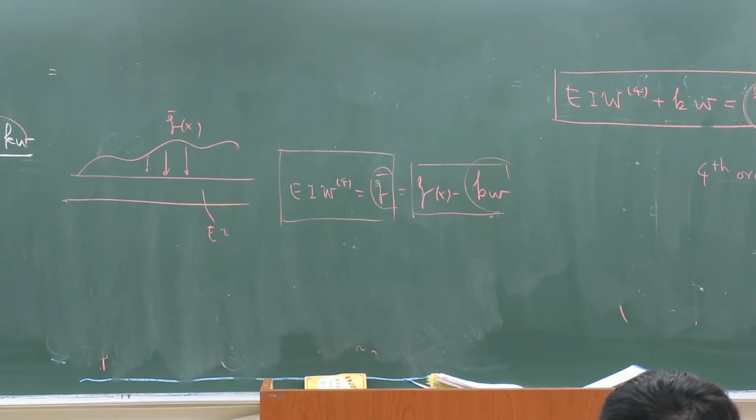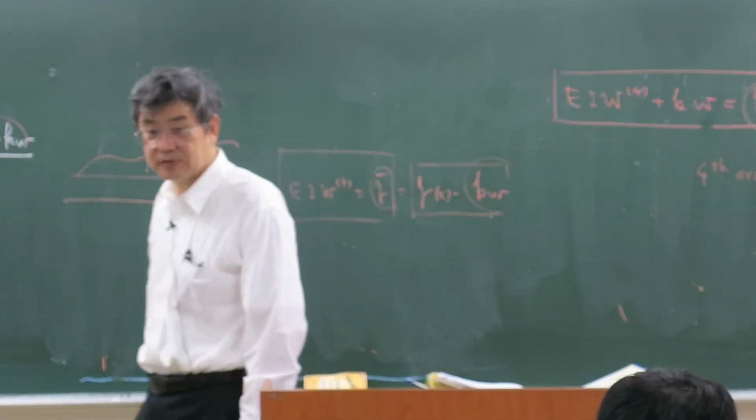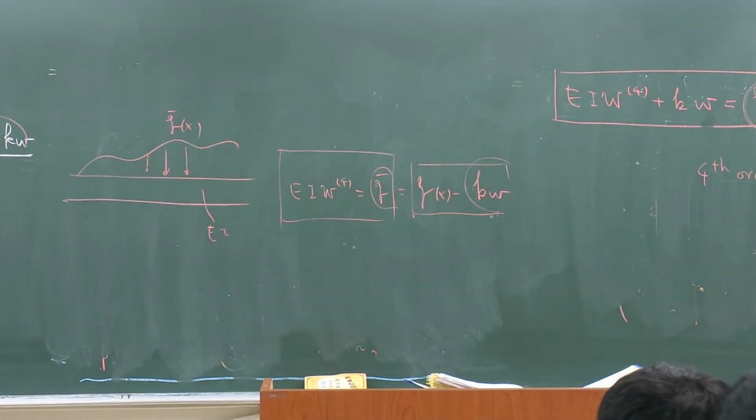Okay, so for this non-homogeneous equation, you have to solve the homogeneous equation, and you have to solve the particular solution. Okay? So this is what we're going to do. Ordinary differential equation. Okay? Did you learn it before? No? Ordinary differential equation. Okay, let me show you how to solve it.